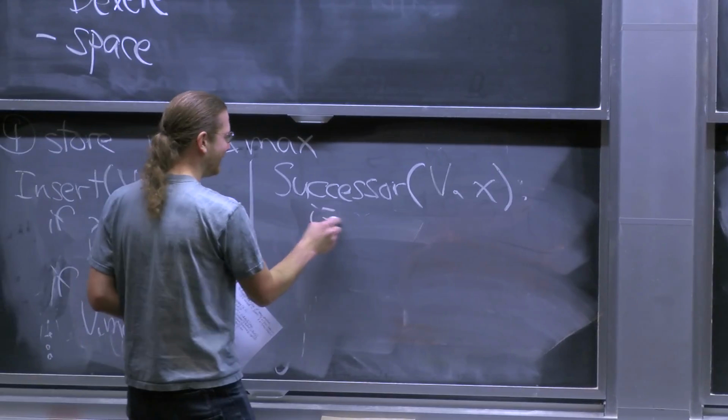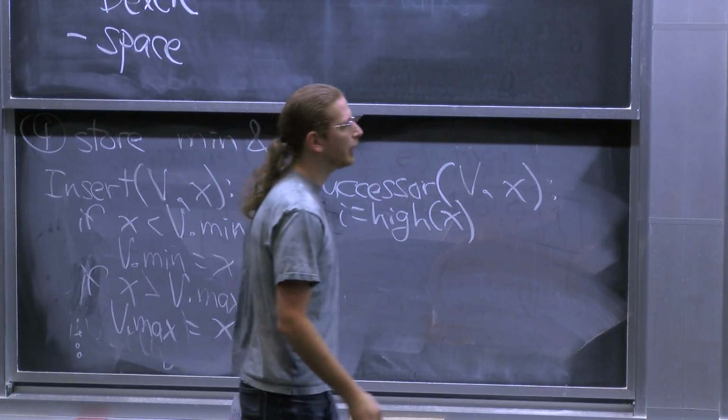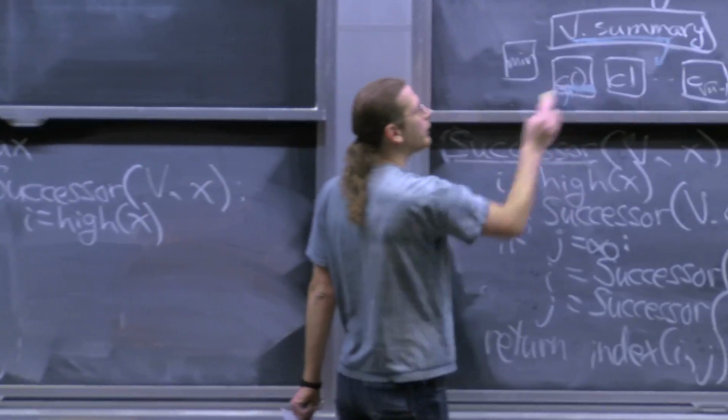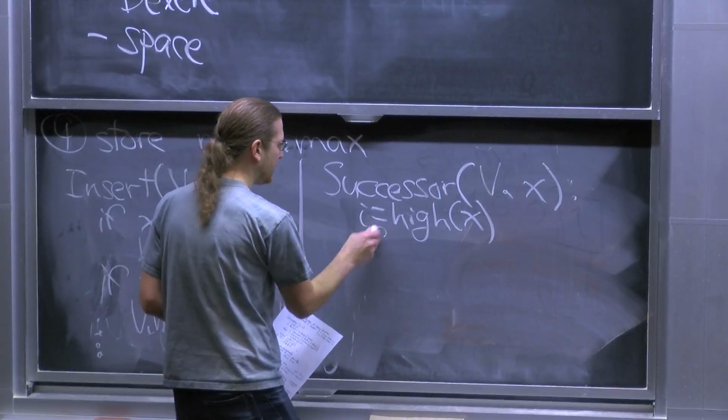At least the first line is going to be i equals high of x. And now that's the cluster I'm starting in. And I want to look at the maximum of that cluster.